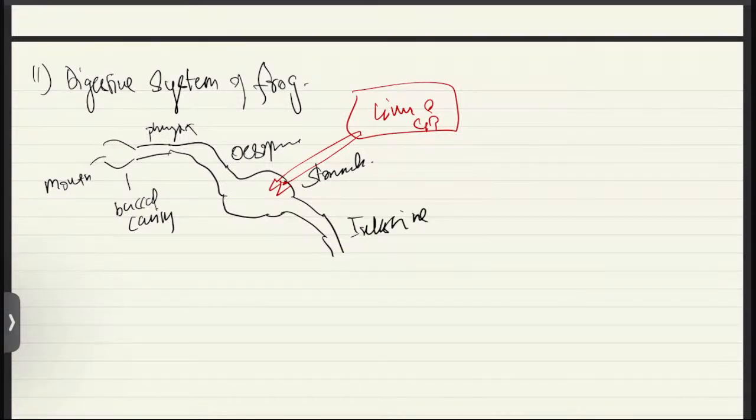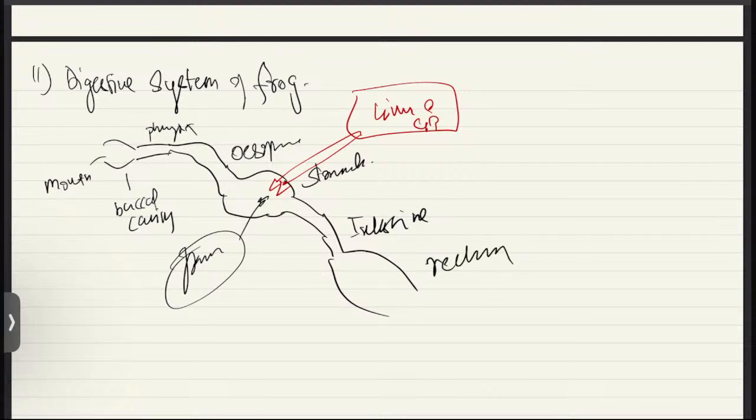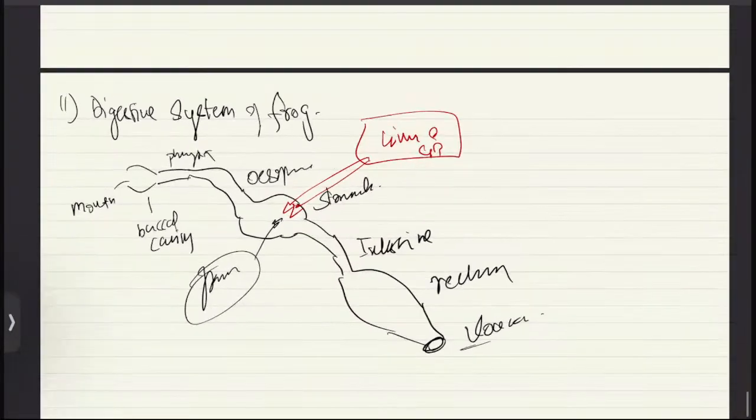It is just the small intestine. Okay, pancreas. Again, pancreas will pour its secretion into the stomach, which will all go into the intestine. The intestine opens up into the rectum, which opens up into the cloaca. That is how the whole digestive system is organized.